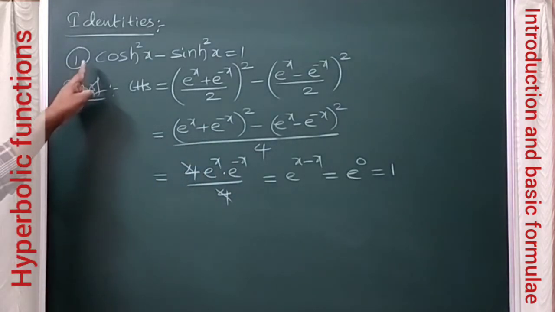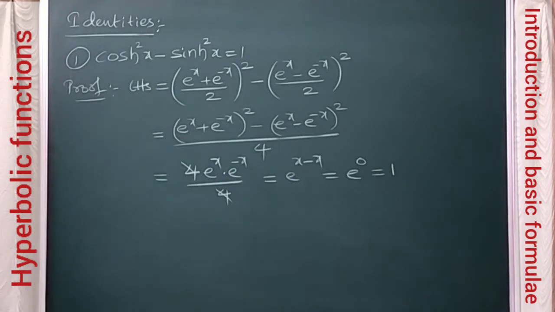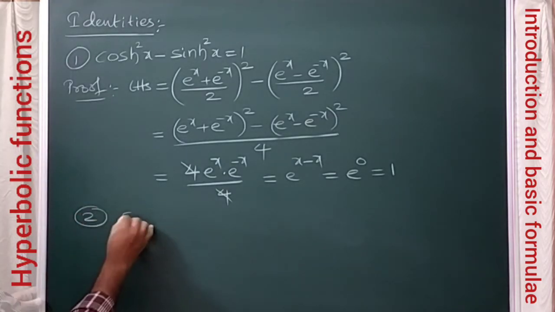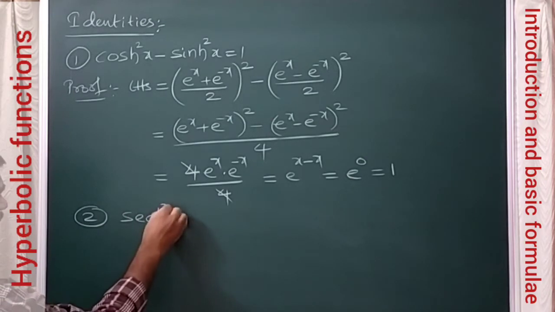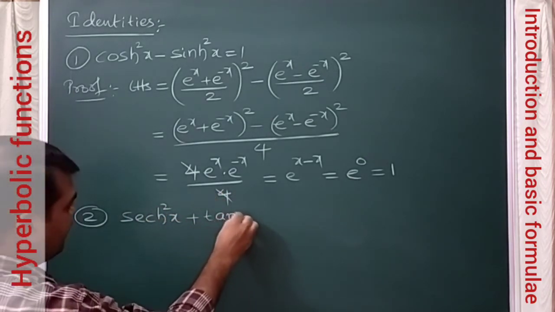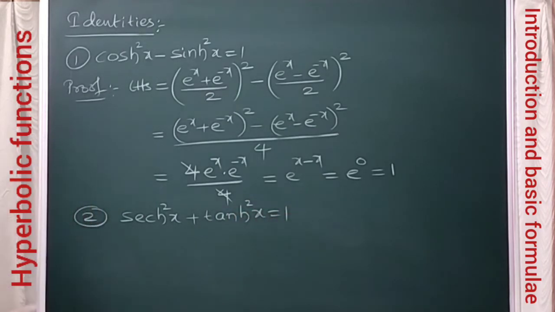So this is the proof of the first identity: cosh squared x minus sinh squared x is equal to 1. Similarly, the second identity: sech squared x plus tanh squared x is equal to 1. Usually in trigonometry, what is the identity?